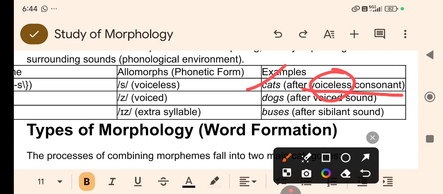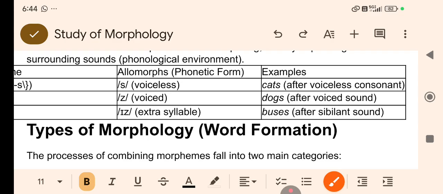But in the case of dogs, because g is a voiced phoneme, because of this phonetic environment, the morpheme becomes voiced, right? So that sound is voiced.